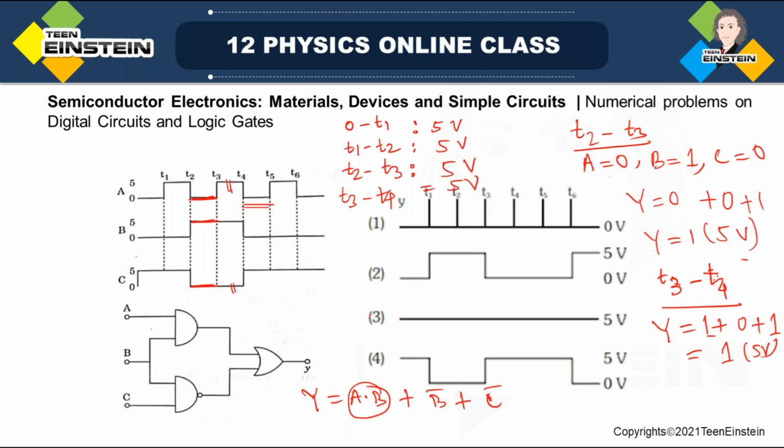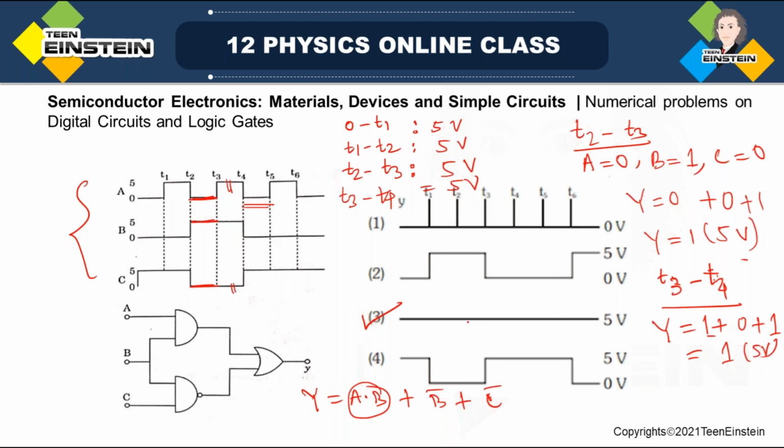So this third option will be the correct answer. You will get output always high, whatever may be this variation. Even though there is a variation in the input level, you will always get output at a high level.